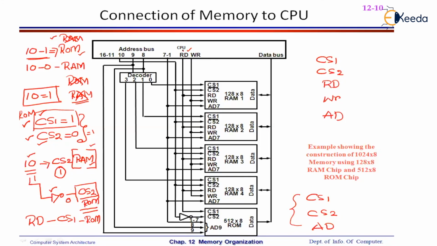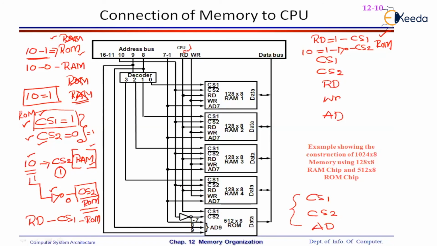Obviously, read will be equal to 1, that is CS1, and the 10th digit is equal to 1, which is inverted and connected to CS2 of ROM, which will select ROM and which will disable RAMs, because all the RAM chips' CS2 is from the 10th digit.